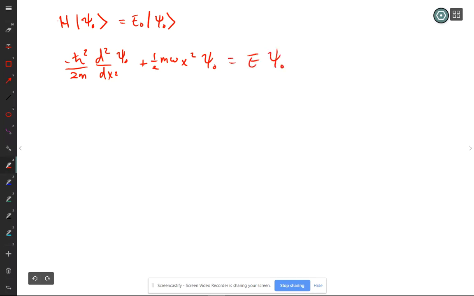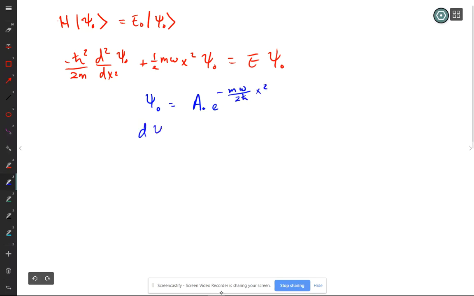So all I have to do is this. And of course, it's not completely trivial because I have to take the second derivative of psi 0. So since psi 0 is equal to, and I'm going to write A0 because it's much quicker to write, A0 e to the minus m omega over 2 h bar x squared.